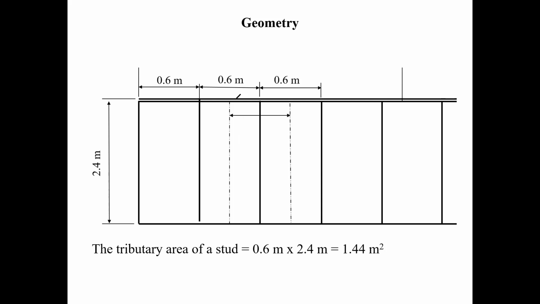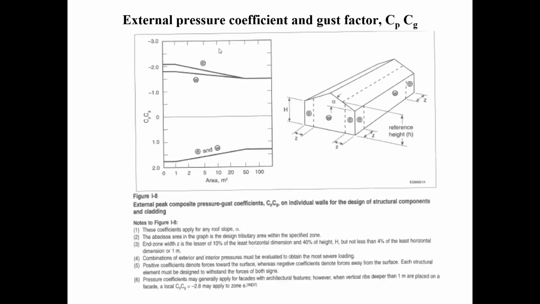So here each stud will be carrying a tributary area of 1.44 meters. I want you to understand where the 1.44 comes from, and I'll tell you why we need to calculate that. You'll see that on the next page.